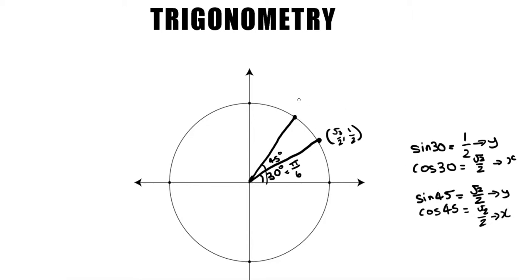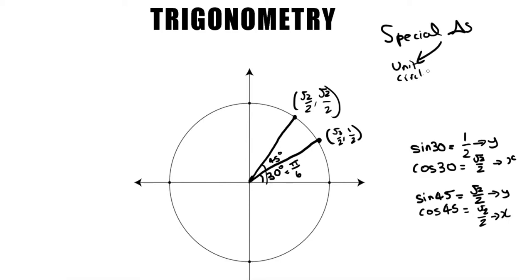Okay, so I hope you see what we're doing here. We're basically taking our special right triangles and putting them on the unit circle. This is basically what we're doing right now.